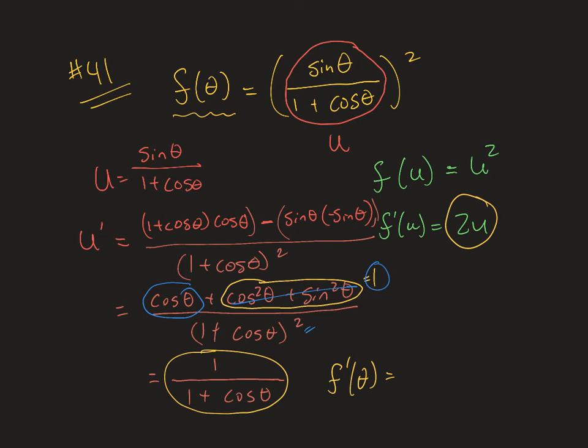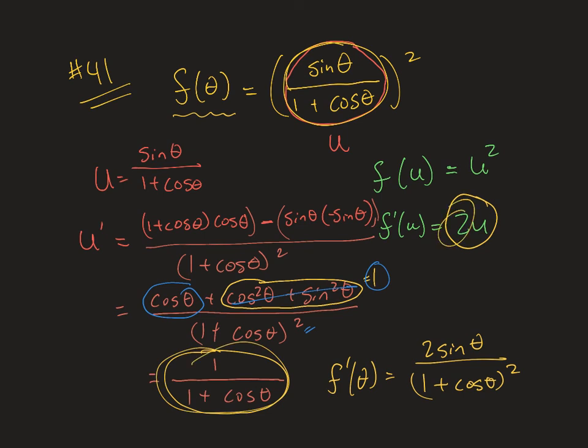So that's going to be 2 sine theta over 1 plus cosine theta quantity squared. I multiply this by 2. That's my u. So u times 2 times my u prime.